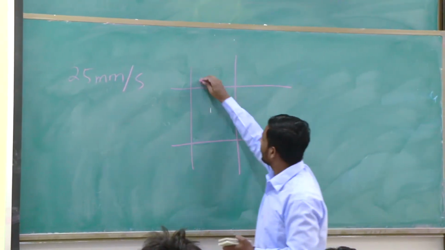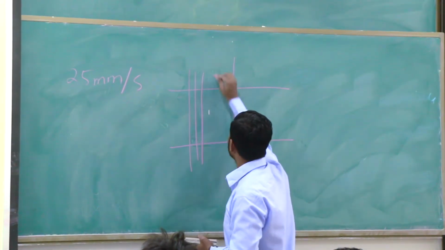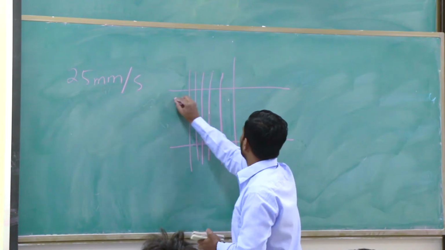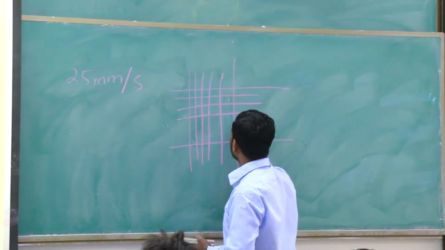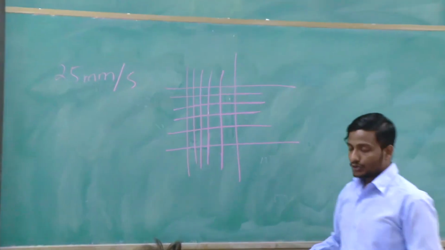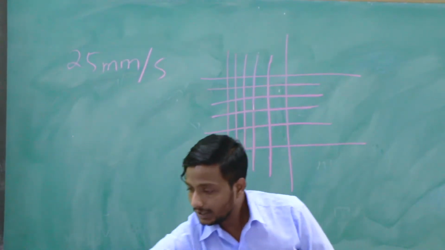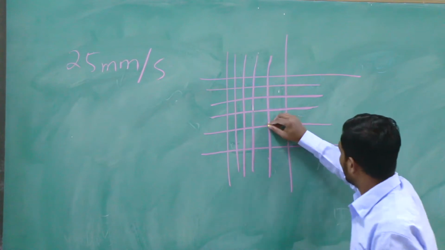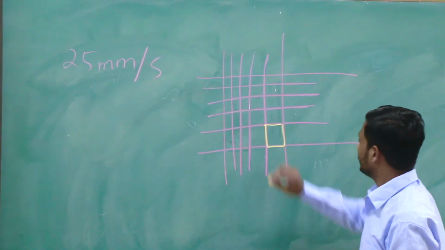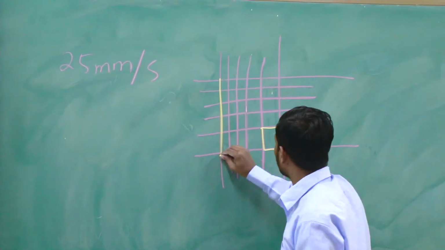So I can draw here 1, 2, 3, 4, 5, and 1, 2, 3, 4, 5. This small one we are going to call a small square.